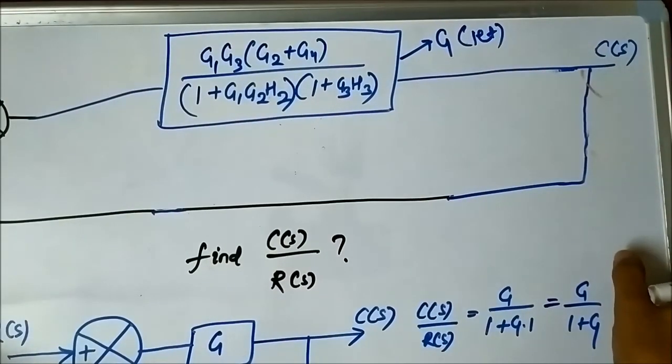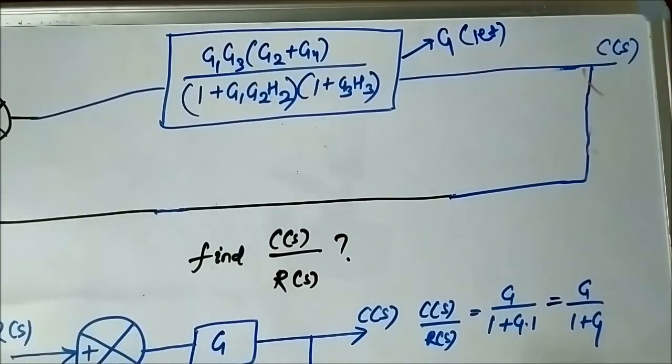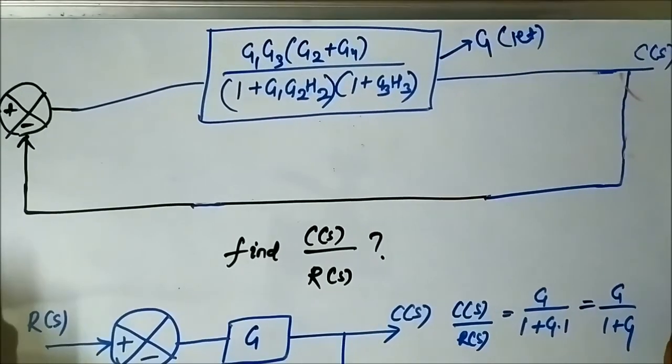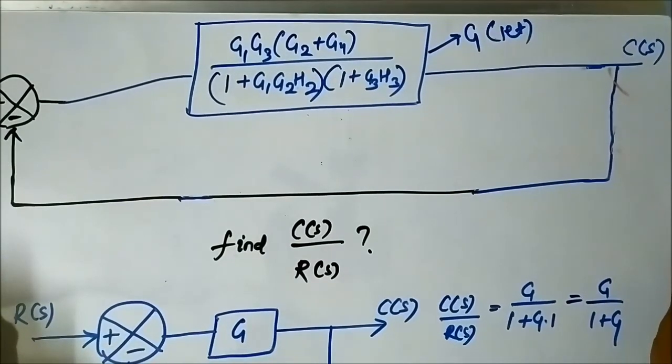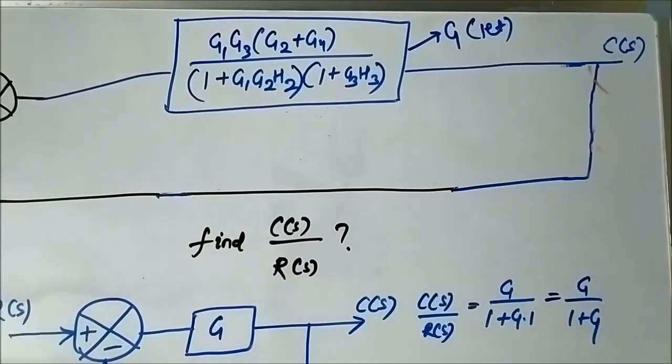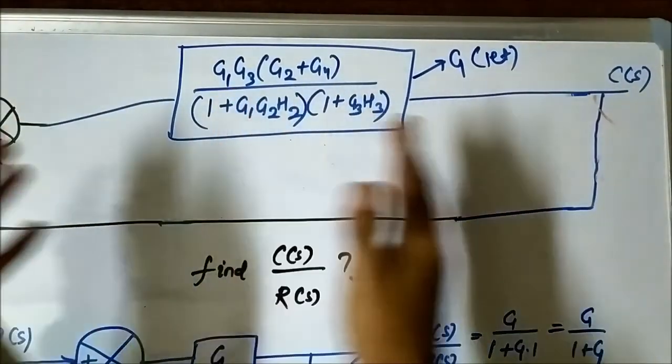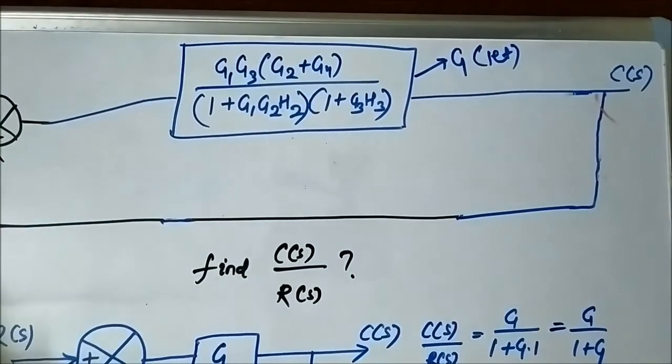So this is how you reduce a block diagram step by step, by first identifying the point where you can apply the block diagram reduction rule, and then you can keep on solving each and every part until you simplify it into a single block form.